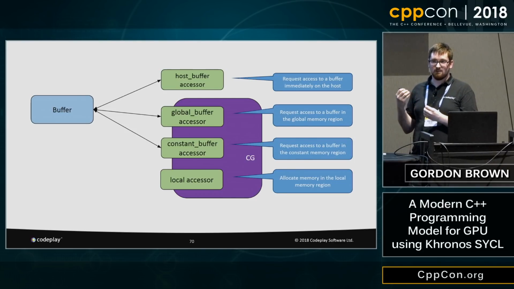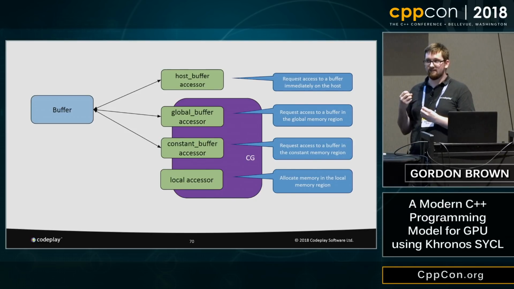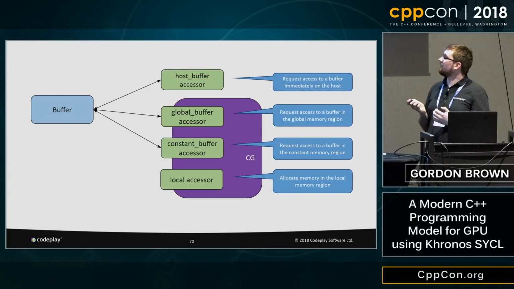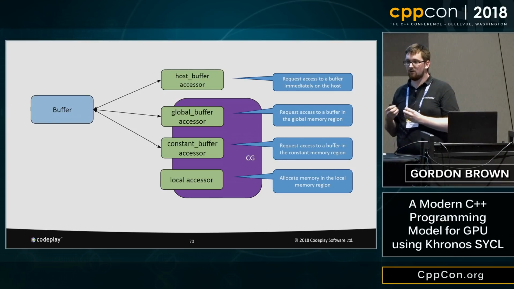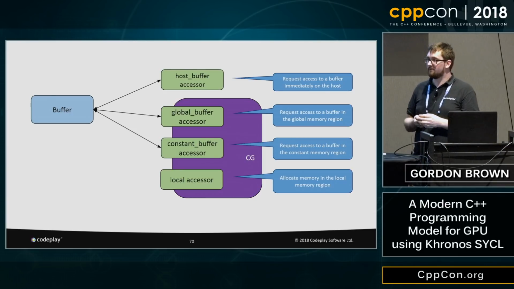That gives you access to the same memory, but in the constant memory region. Constant memory, we didn't really touch on that, is a portion of the global memory that is read-only. A lot of GPUs can give you more efficient access if you guarantee that you won't be writing to it. And finally, we have a local accessor. It works slightly differently in that it doesn't use a buffer, because what a local accessor does is allocate memory in local memory for each of your work groups.